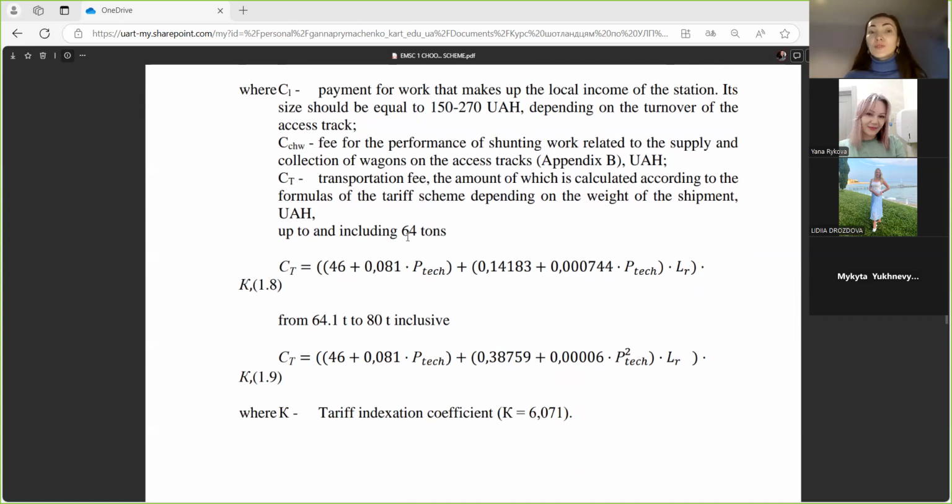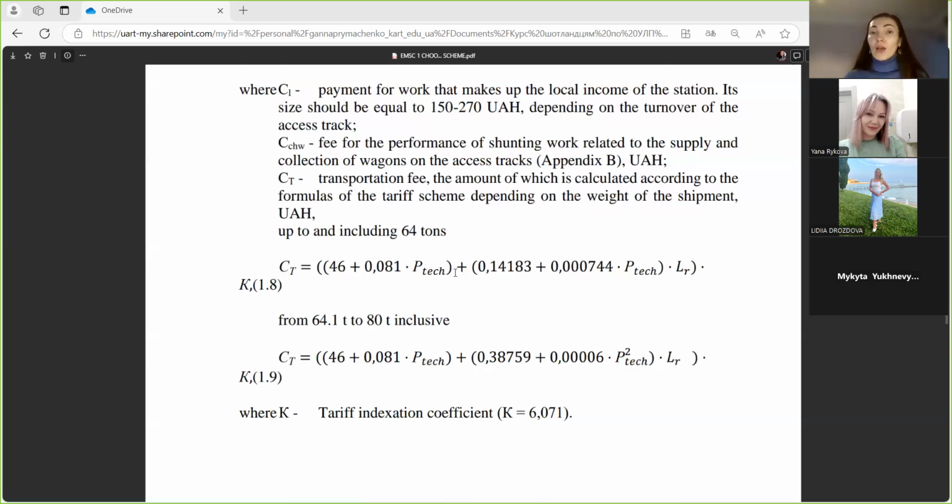For example, if it is 64 tons, we use this formula 1.8. If it is more than 64 tons, you use formula 1.9. This information depends on P with index stage. We use this parameter now.